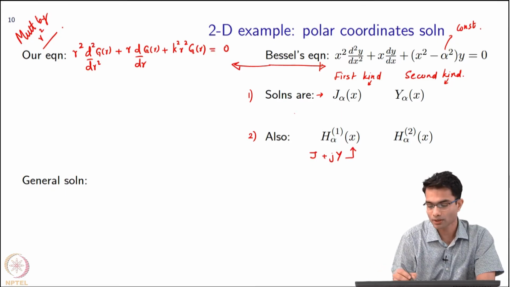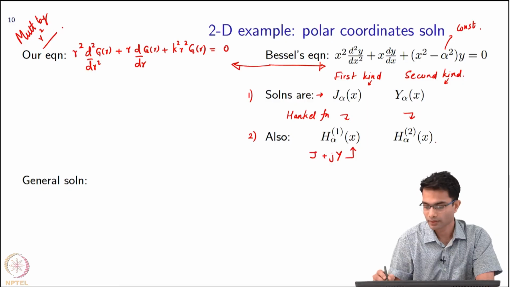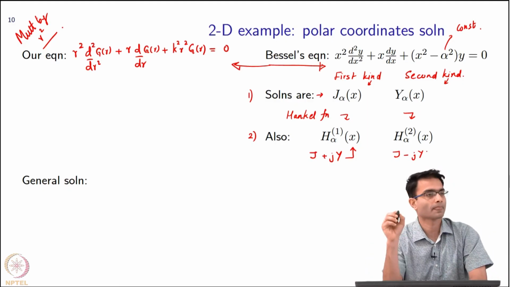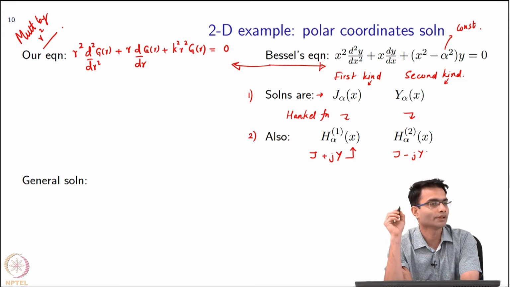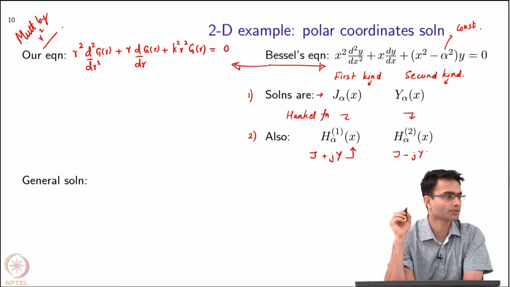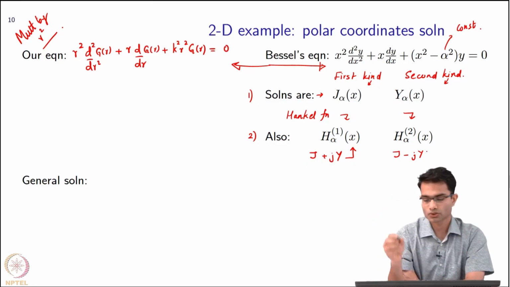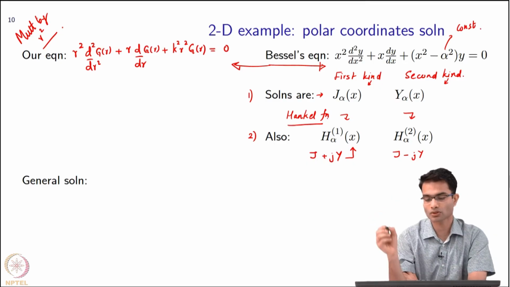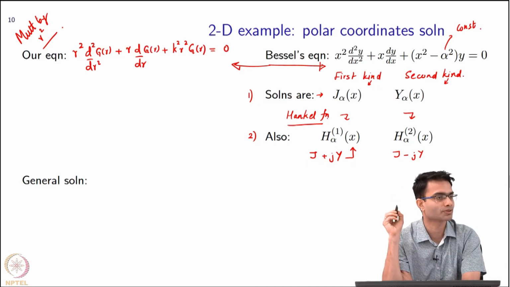It is called a Hankel function, again of the first kind and of the second kind. This one is defined as J minus jY. So, linear combinations of the original solutions are still solutions to the differential equation. You can either have Bessel's functions or Hankel's functions as solutions to this differential equation.